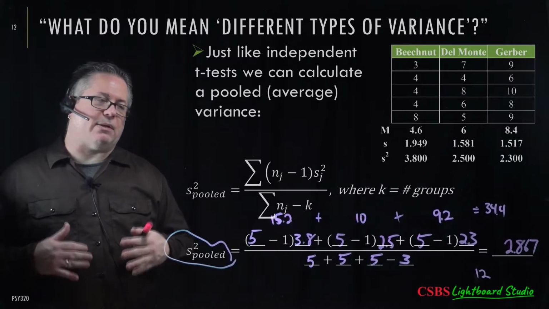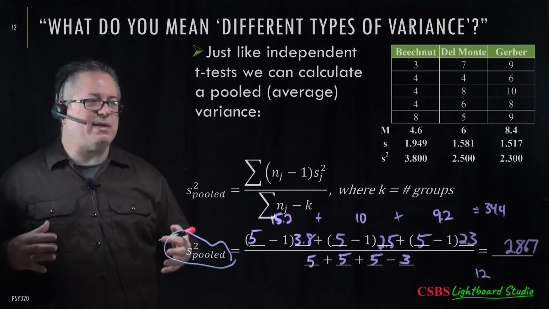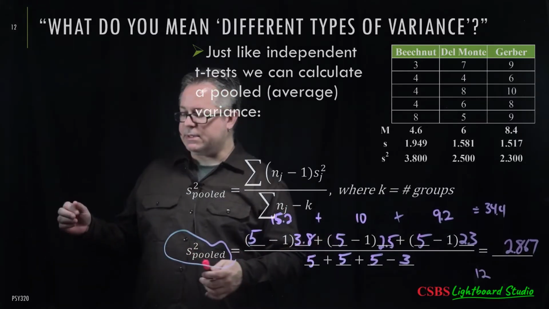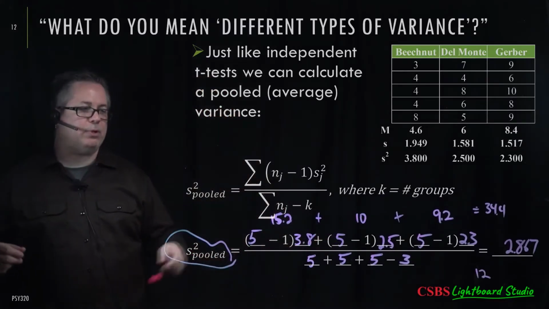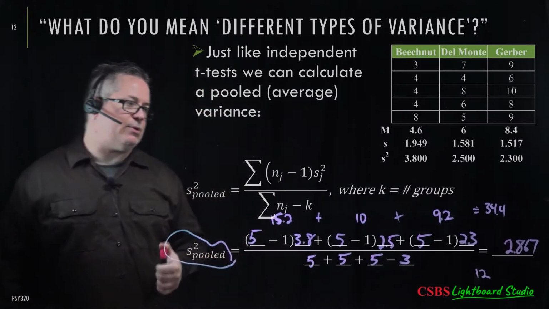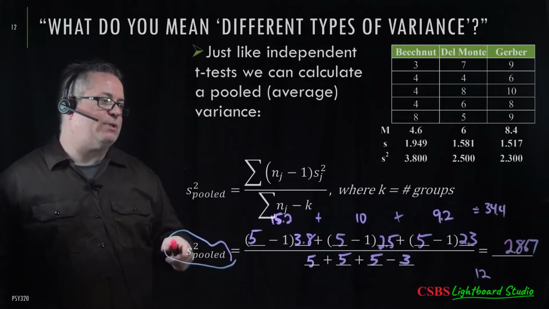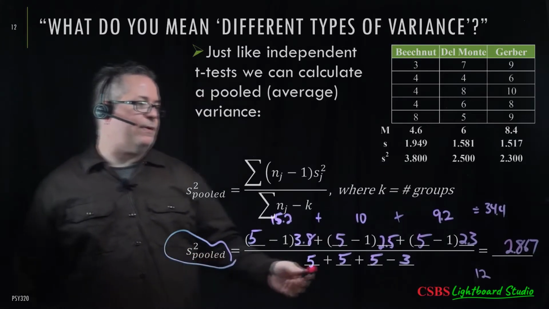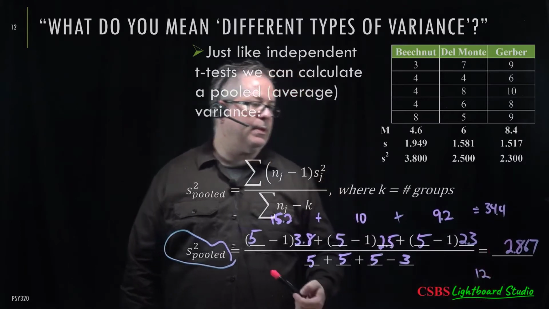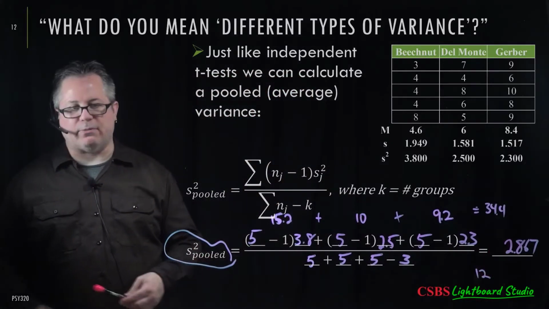So 3 is going to be better than 2, 4 is better than 3. The more variance estimates we have, and the more we can pool them together, sort of average them, the better the estimate's going to be of the population. Okay, so using these 3 groups, we're able to find a pooled variance estimate of 2.867 based on these 3 groups and their variances.